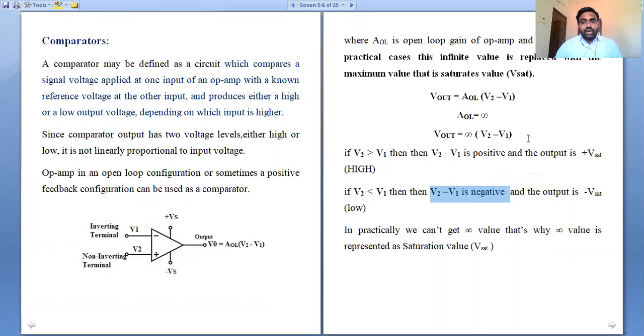At that condition, the output voltage will be negative maximum, which is represented as the low value, the term minus Vsat. In practical instances we can't get an infinite condition, that's why the infinite scenario is explained with respect to a particular saturation value.